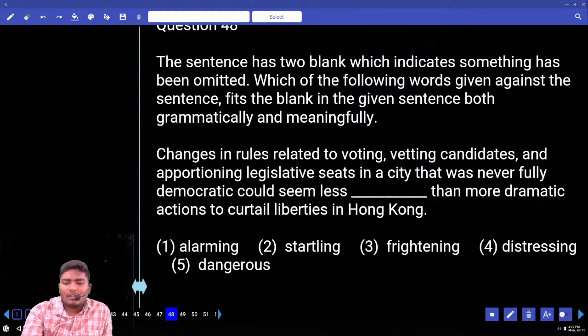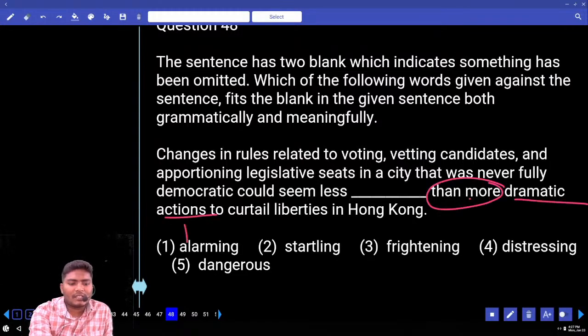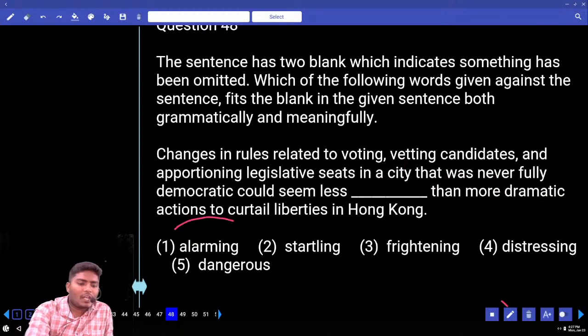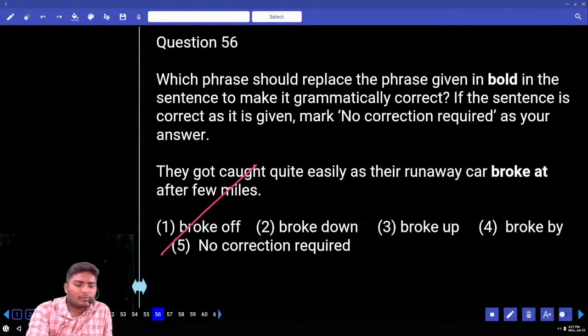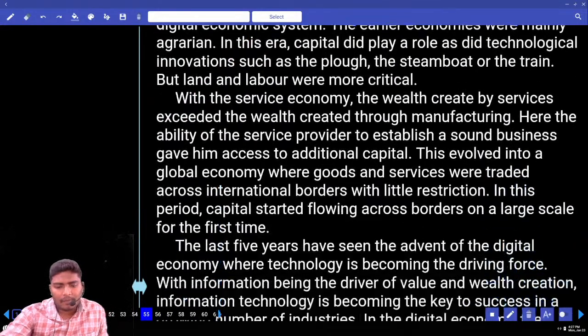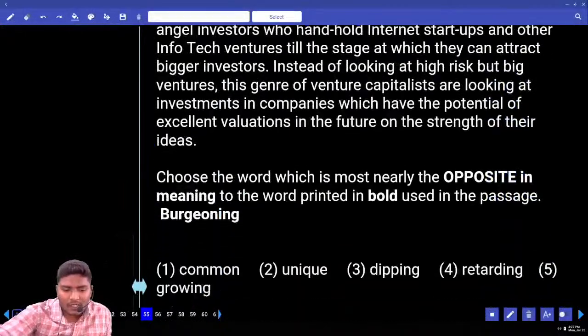Remember, we are comparing with "more dramatic actions." What is the part of speech of actions here? Noun form. We are comparing two noun combinations. So out of these two, which can be used as a noun? Alarming or dangerous? Alarming. That's your answer. Next. Move to 55. What is the meaning of the word burgeoning?